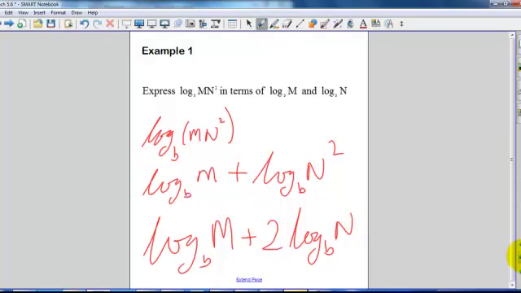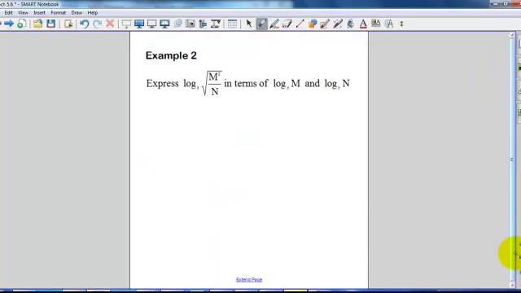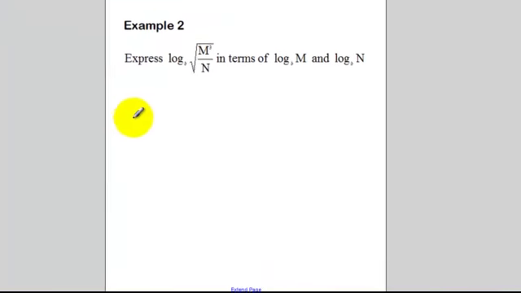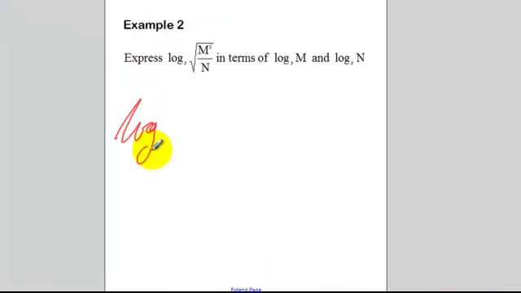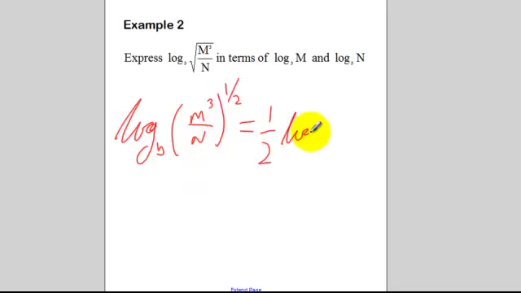There you go. Now express log base b of the square root of m cubed over n. I'm going to start off by changing this to m cubed over n, all raised to the 1/2 power. So you can see that I can use the power rule here. It'd be 1/2 the log base b of m cubed over n.